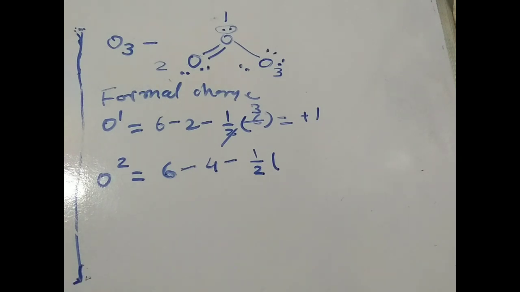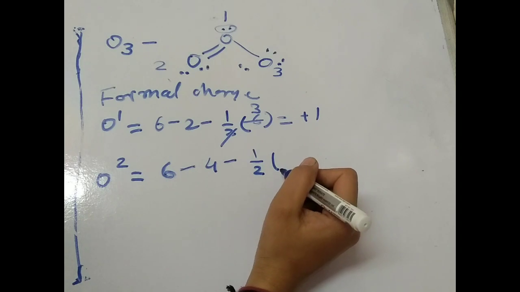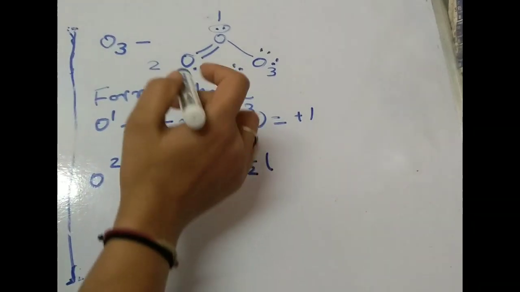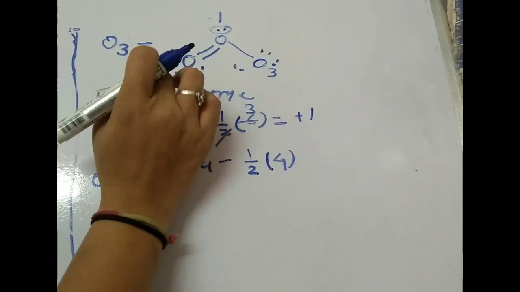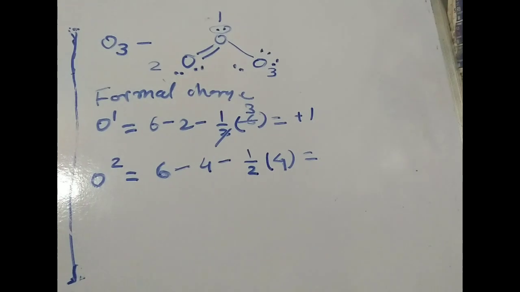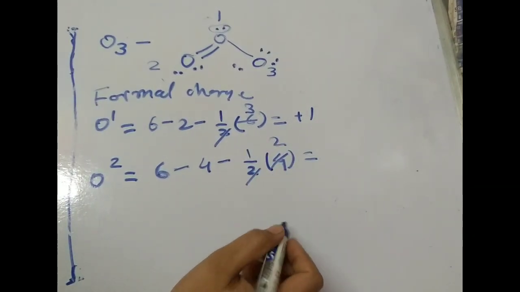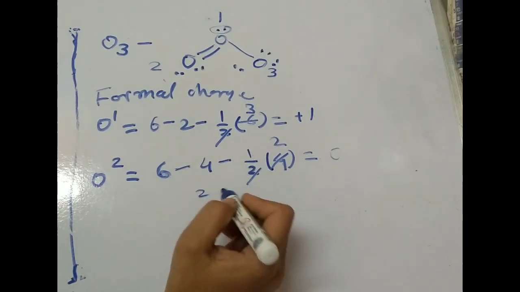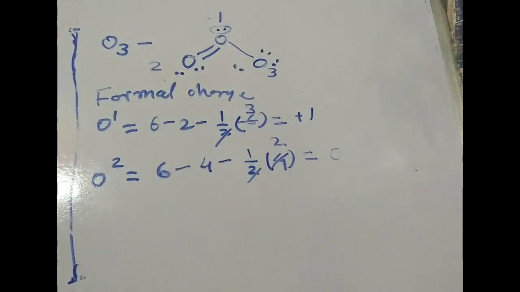For O2 the number of bonding electrons present is 4, 1 2 3 4, because O1 is connected to O2 in bonding. After the calculation we get 6 minus 4, that is 2, 2 minus 2 equals 0. This is the formal charge for the O2 oxygen atom.